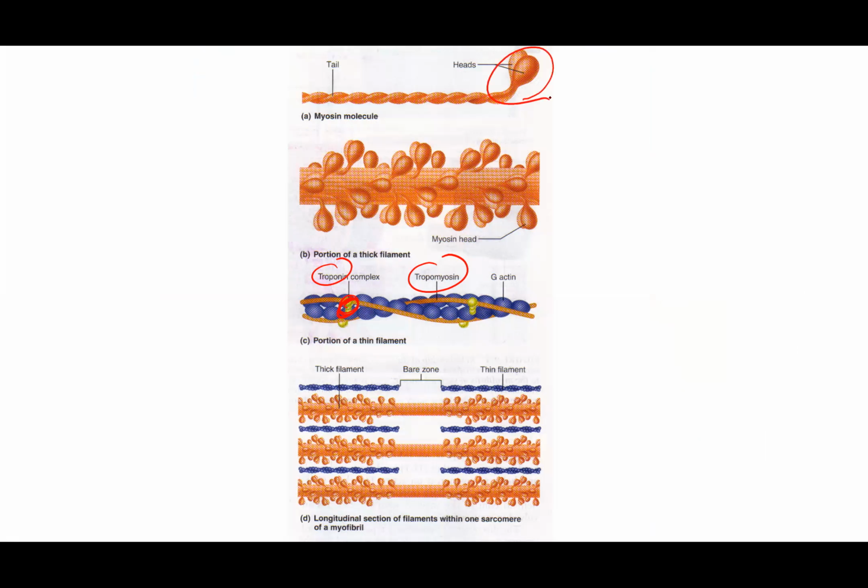Okay, there's the myosin head. And tropomyosin is like a protein fiber that allows the troponin to exist on. So these are all proteins, and they allow for the binding of actin and myosin to take place.